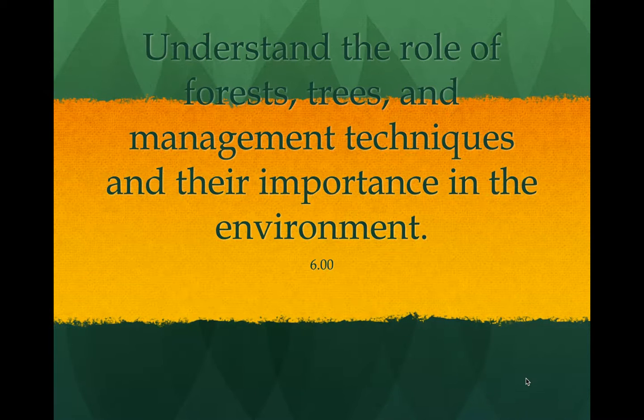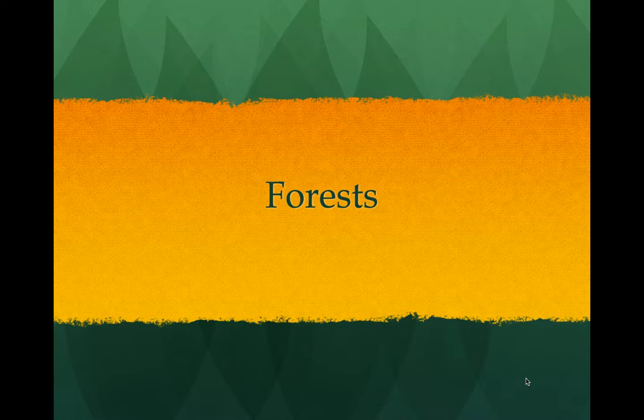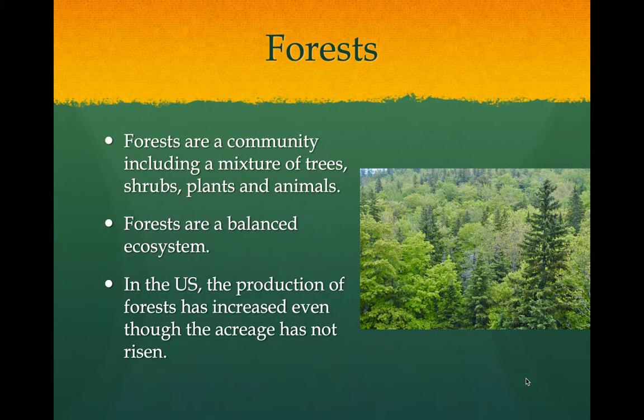So, as far as forestry and understanding the role of forestry and the role of forestry products, first of all, we have to think about what an actual forest is and where some of our forests are located. When we're looking at forest, we are looking at a community mixture of trees and shrubs and plants and animals. Most of the time, when we think about forest, we just think about the trees because that's what we see most of.